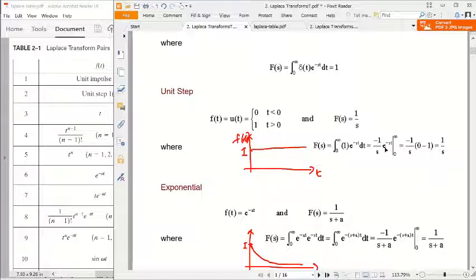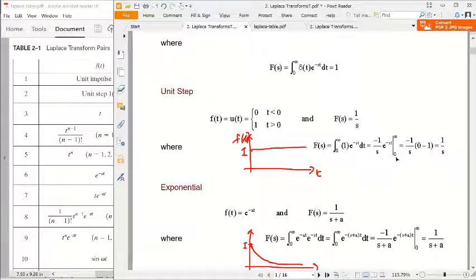So if you substitute the value here, not s, t, you substitute the value of t here. When t equals infinity, e to the power of minus infinity will be equal to 0.